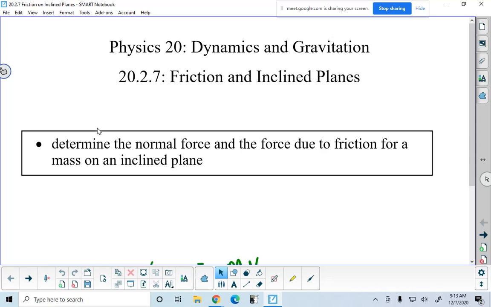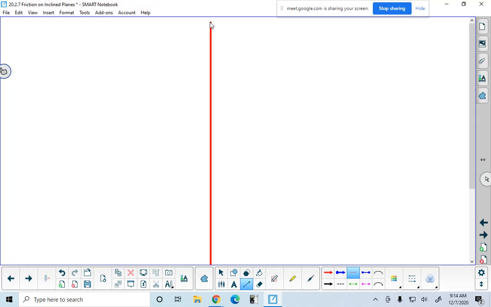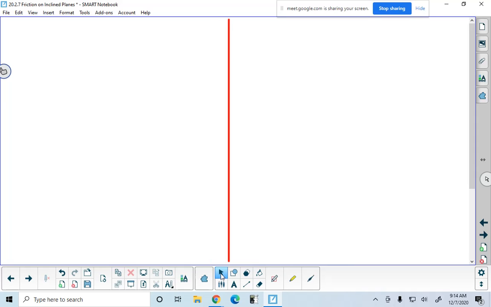on an inclined plane. So I want to make something very clear from the beginning, and if you choose to write this down, it's not a bad idea. I'm going to come back to it and complete it a little bit later. But we have 2 different situations now that we're going to have to grapple with.